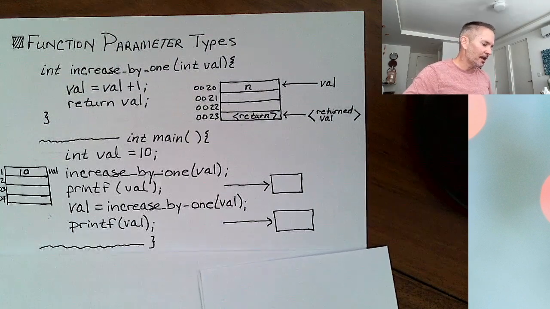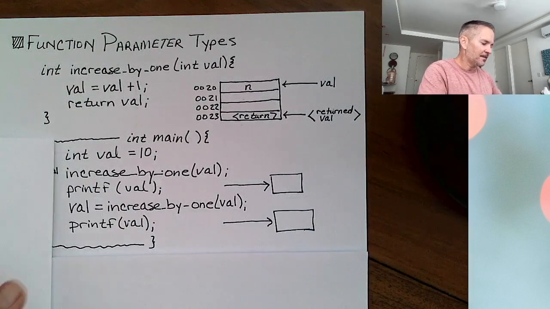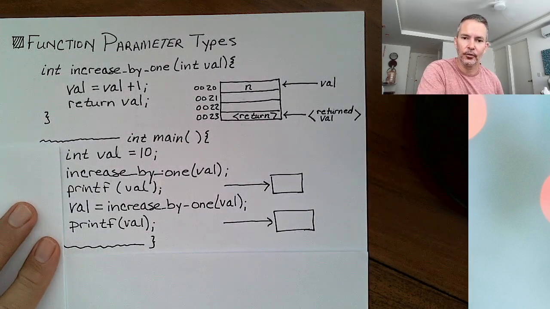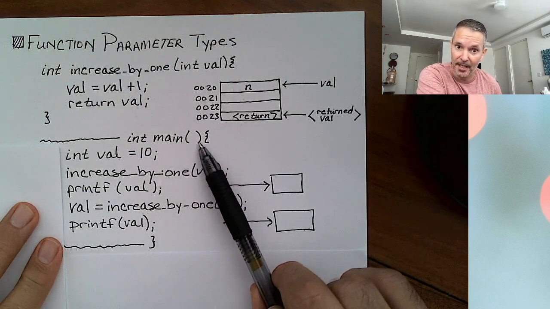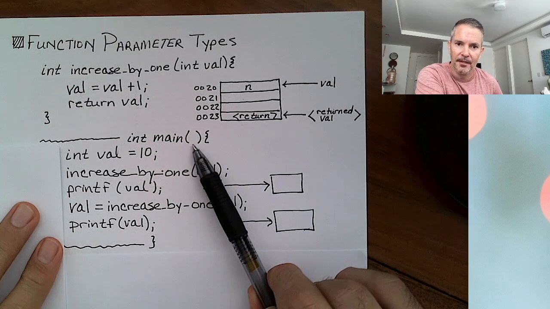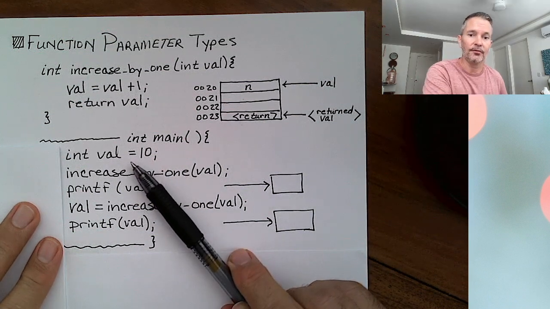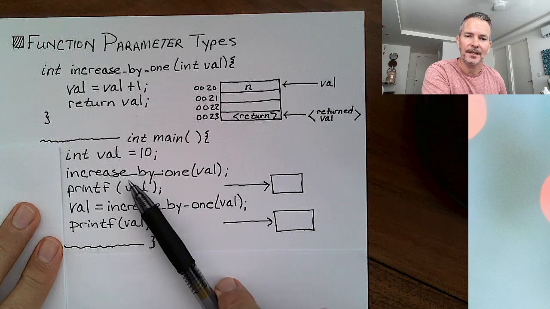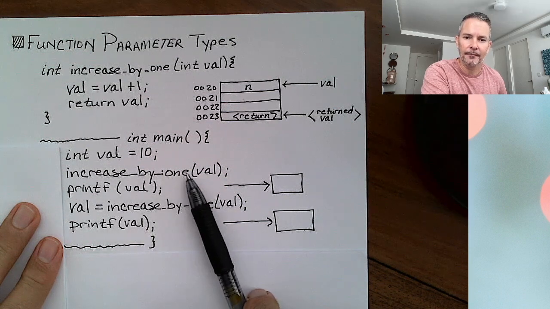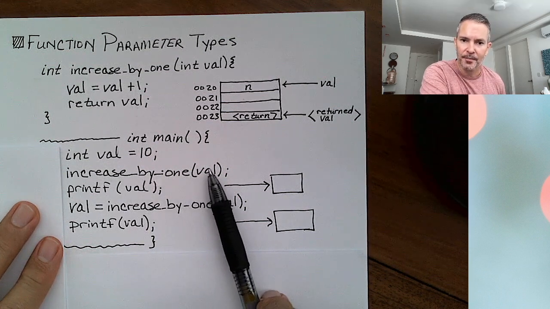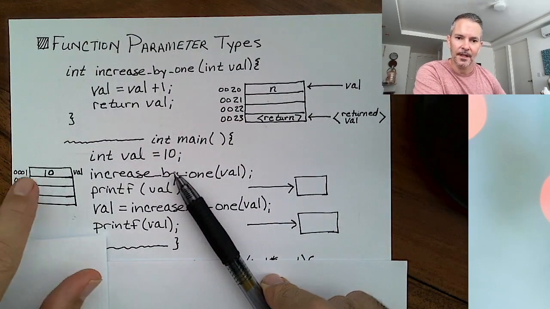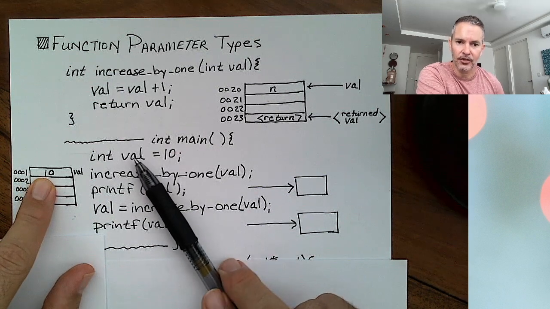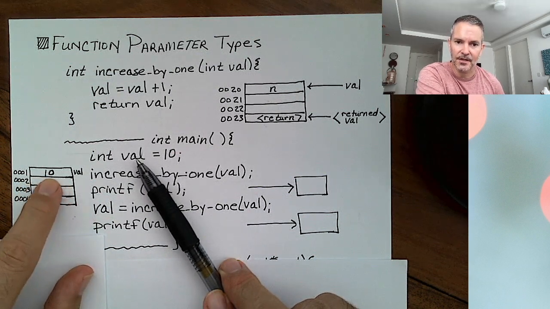So let's take a look at this imaginary piece of code that I might be calling inside of my main function. Inside my main function, I create a variable called val, and then I call increase by 1. Let's think about the memory here that exists in main. I've declared an integer called val, and let's just imagine it's sitting right here in memory.